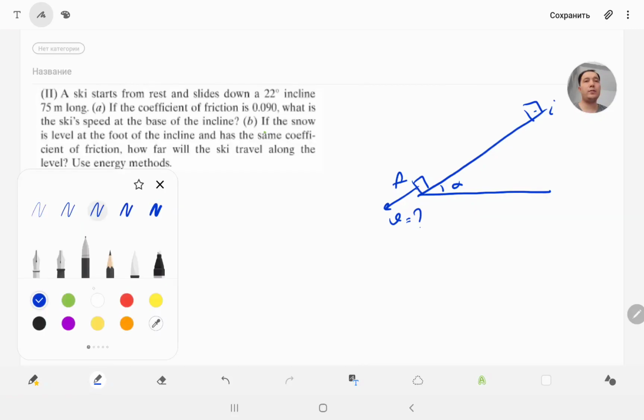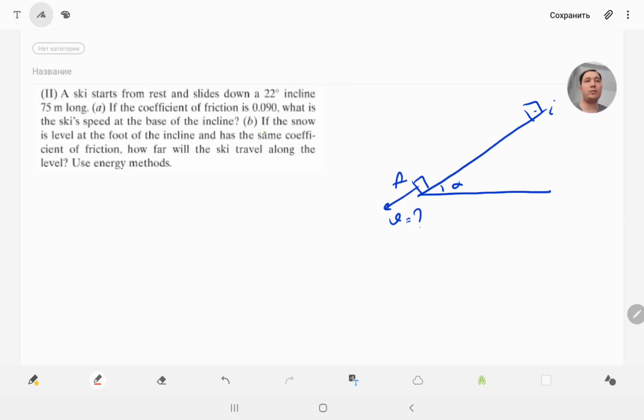What is given? The length of the inclined plane is given, let's call it L, and there is friction. So, according to the conservation of energy, the total initial energy at the beginning should be equal to the total final energy at this point. Initially it was stationary, so no kinetic energy.